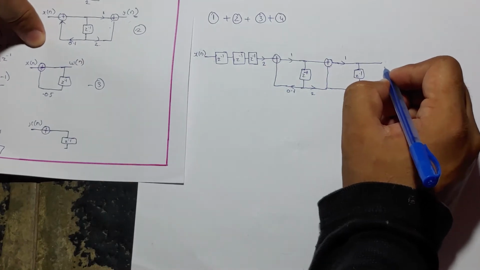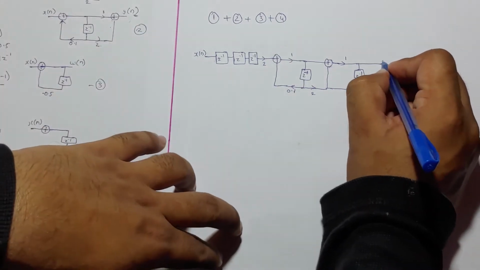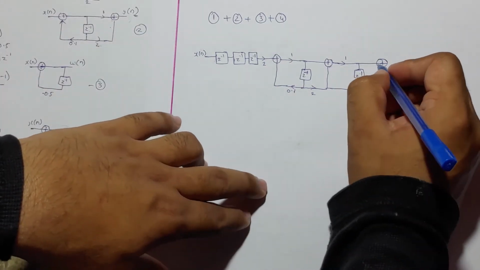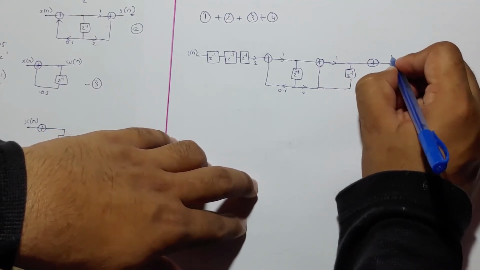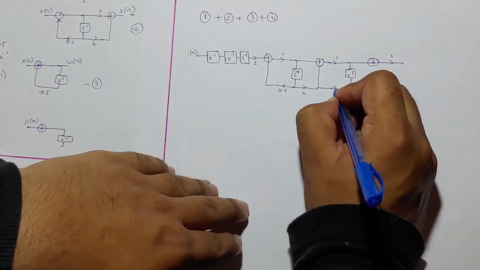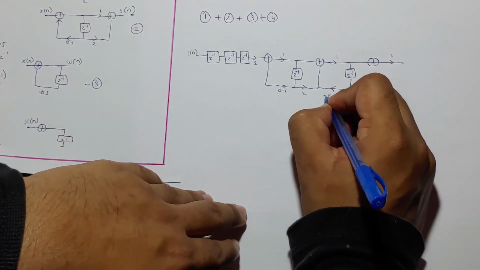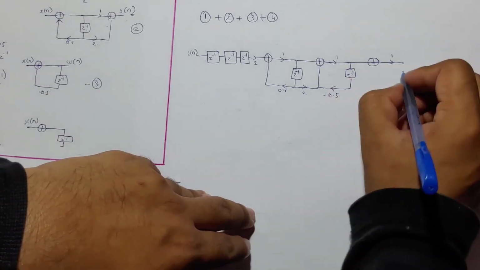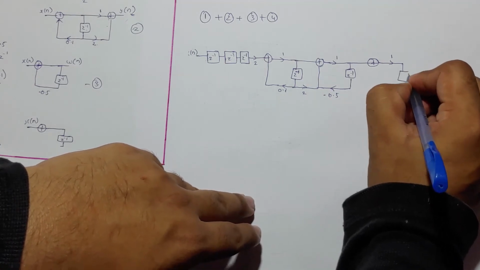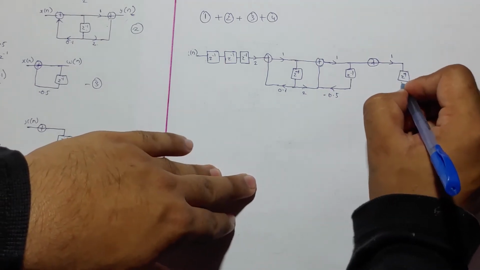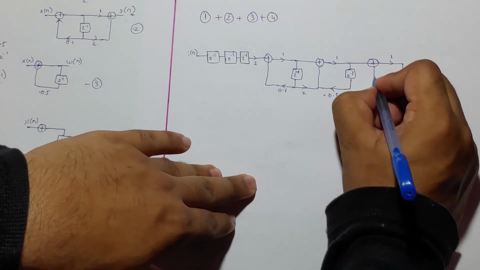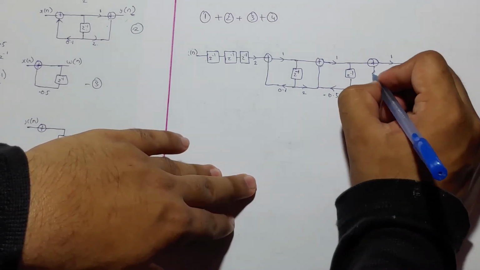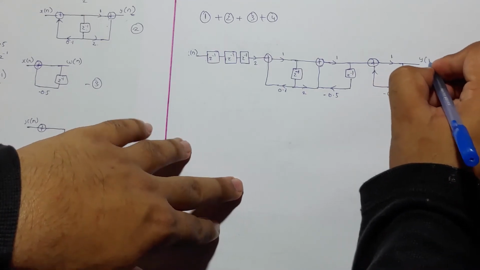Now, the last set would have the input element as the output of these, given with a constant multiplication of 1. Here it is multiplied by 0.5, which is of minus sign, and the delay element z power minus 1, and the output of the delay is multiplied with a constant of 0.4, and it is added to the set to give an output of y of n.